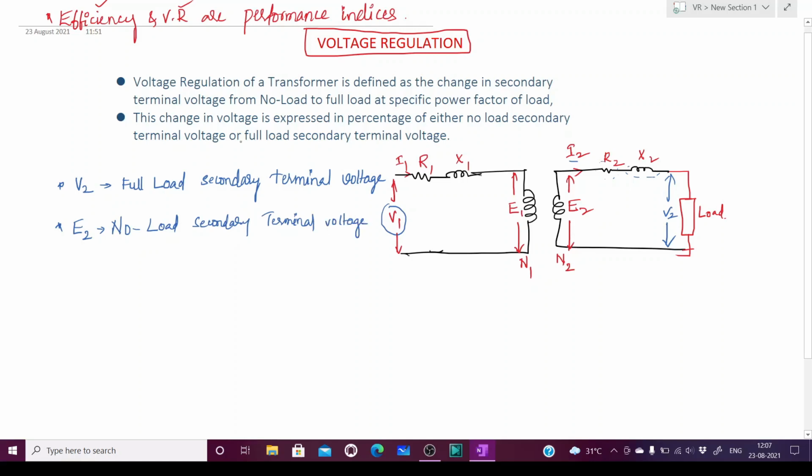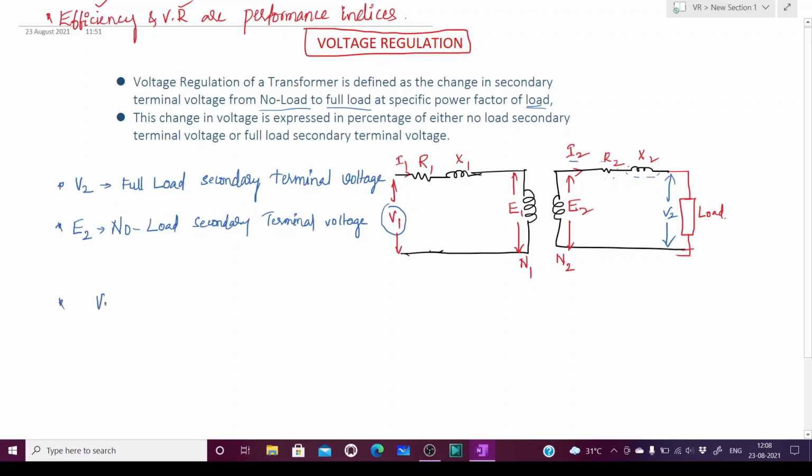Let us see the definition for voltage regulation. Voltage regulation of a transformer is defined as the change in secondary terminal voltage from no load to full load at a specific power factor of the load. What does it mean?